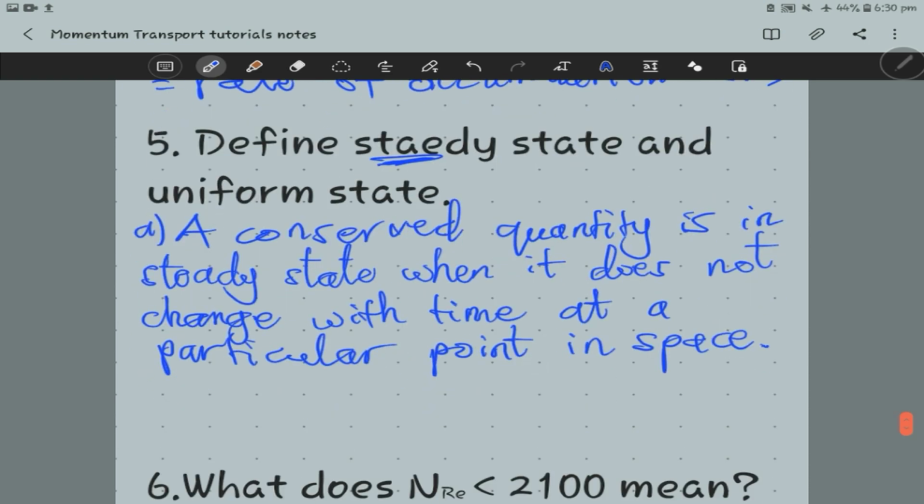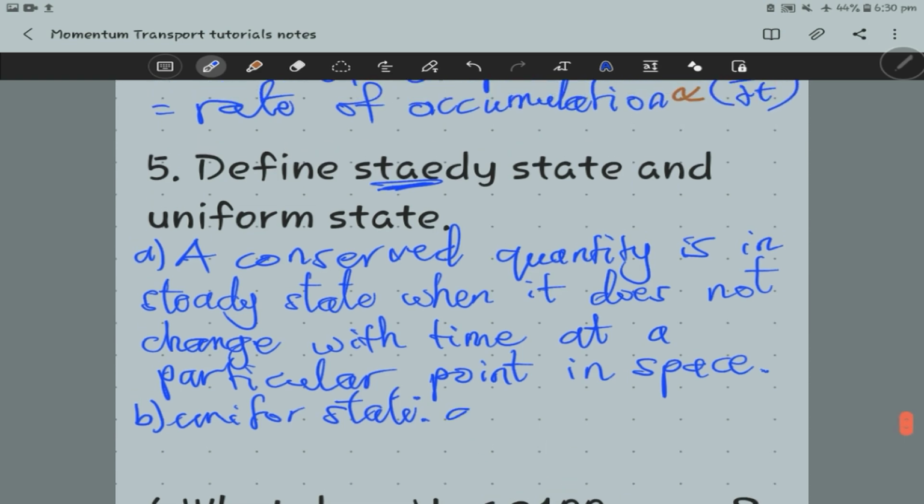But when we're talking about uniform state, that means, let's just write this short, it's a way of saying that at a particular point in time, uniform.